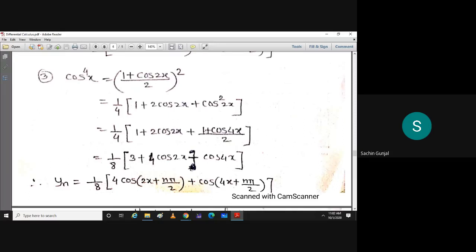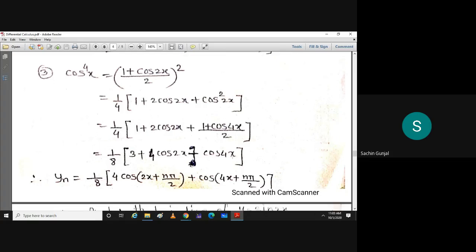So 1 by 8, multiplying by 2 to this term, this is 2 plus 1, that is 3, then 4 cos 2x, and this term is cos 4x. Okay. Is this step clear? All right? Yes, sir. Okay.